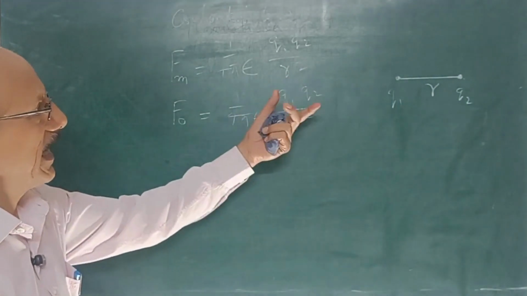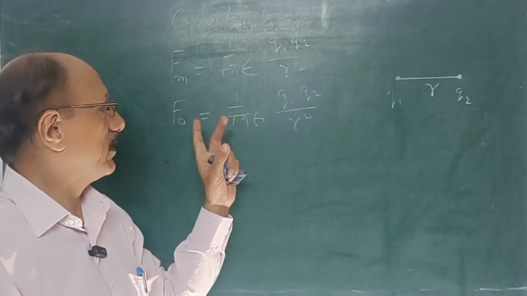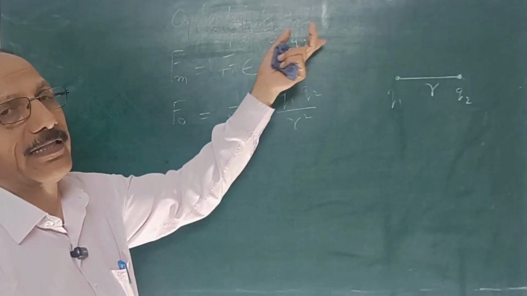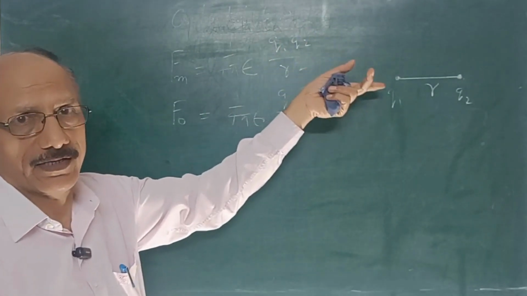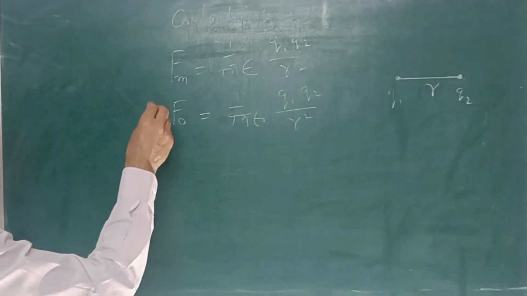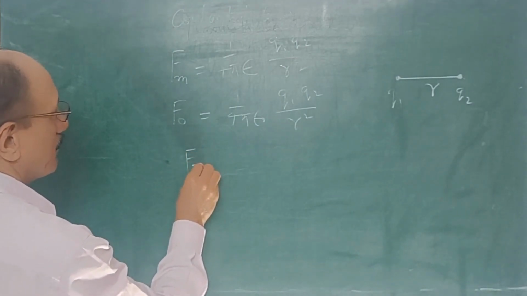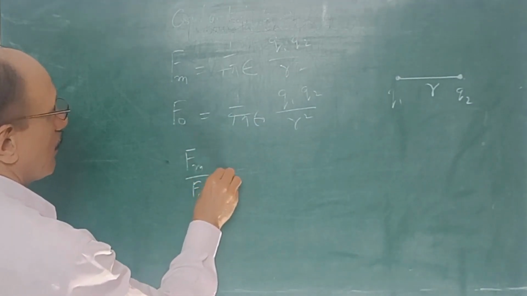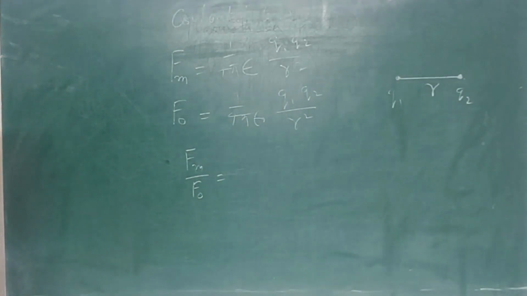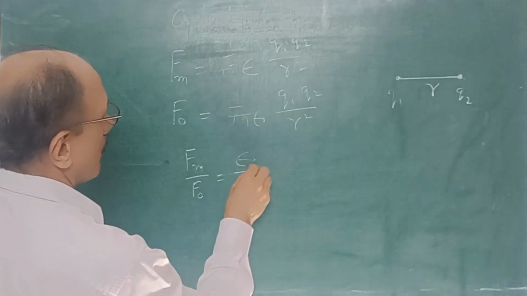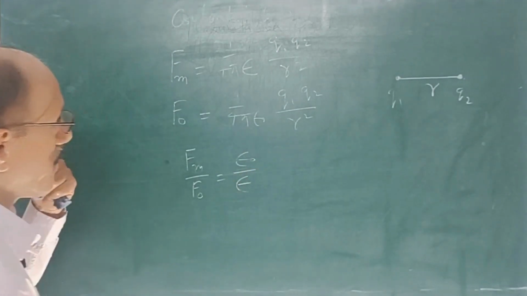They are placed at the same separation, but one in air or vacuum, and the other in water or some other medium. Then F medium upon F naught will be equal to epsilon naught by epsilon.